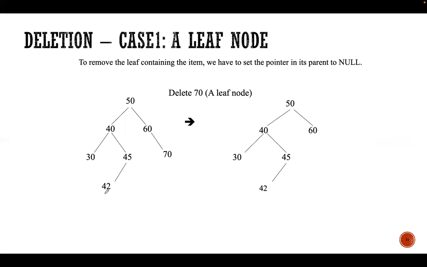If we are trying to delete a leaf node, to remove the leaf containing the item, we have to set the pointer in its parent to null. The steps are, first we find the node. Let's say we want to delete 70. So first find the node.